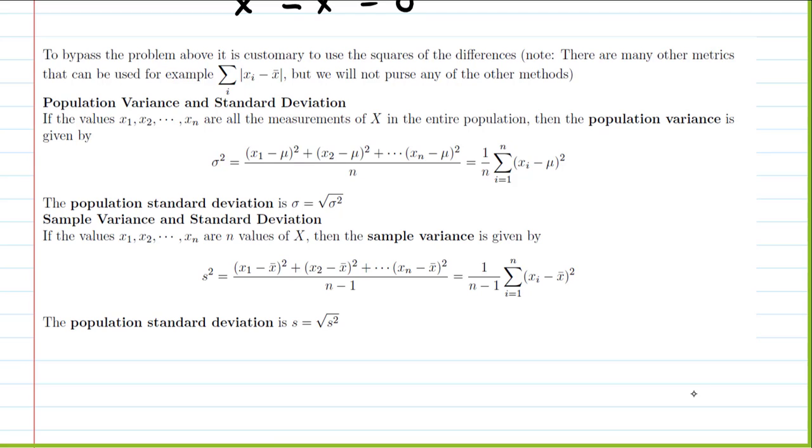So that's 1 over n times the sum of xi minus mu squared. The population standard deviation is then sigma, the square root of sigma squared.